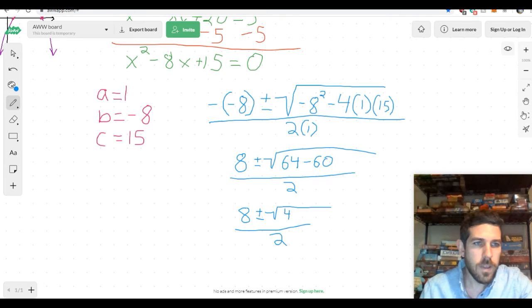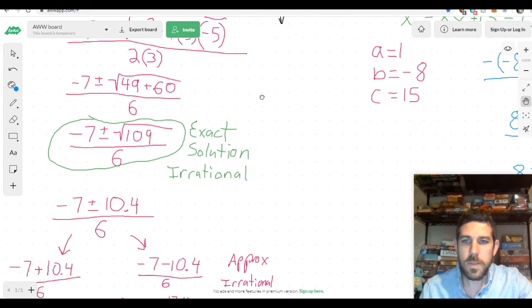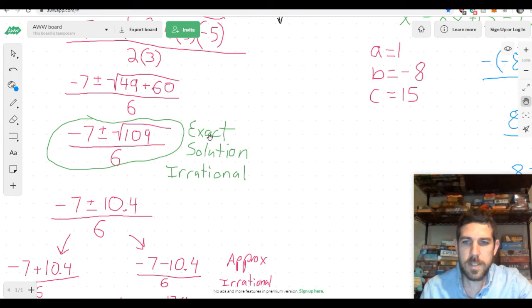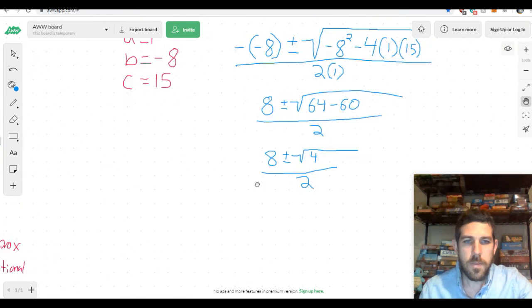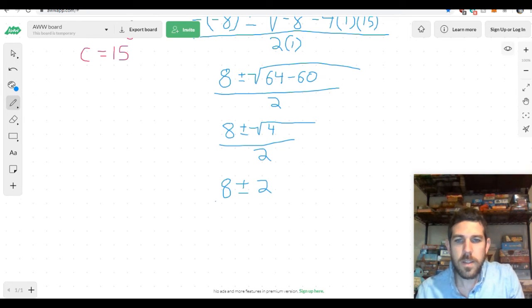Now in this case, we are not going to stop here. You know, the last problem over here, we stopped and said this was a possible exact solution because we couldn't square root 109. But in this problem, we can square root 4. So we're going to go ahead and square root 4. So we get 8 plus or minus, the square root of 4 is going to be 2, all divided by 2.